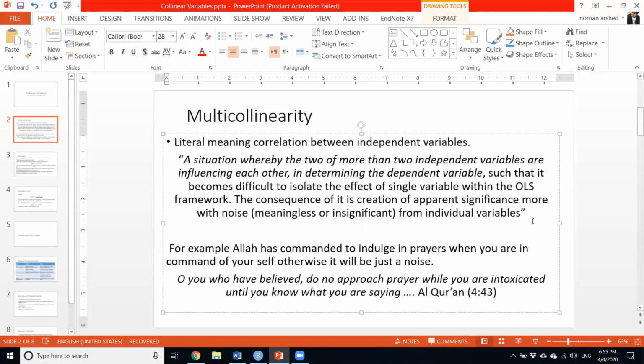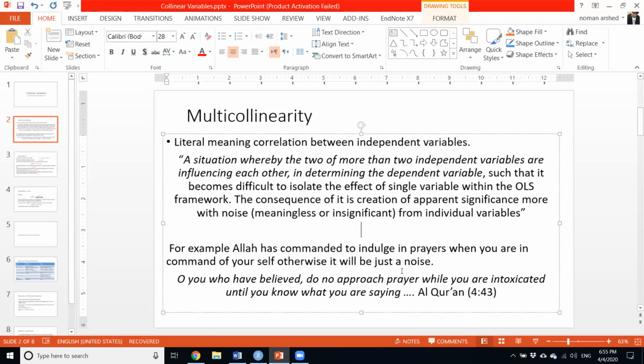The overall model will look like it is working well, but since the variables are jumbled together, they are complicated in terms of playing their role. So when we look at the OLS, it will propose that they are not useful, but the overall model will propose that the model is good. So there will be a clash of outcomes. Overall tests are saying that the model is good, but individual tests are saying the model is noisy.